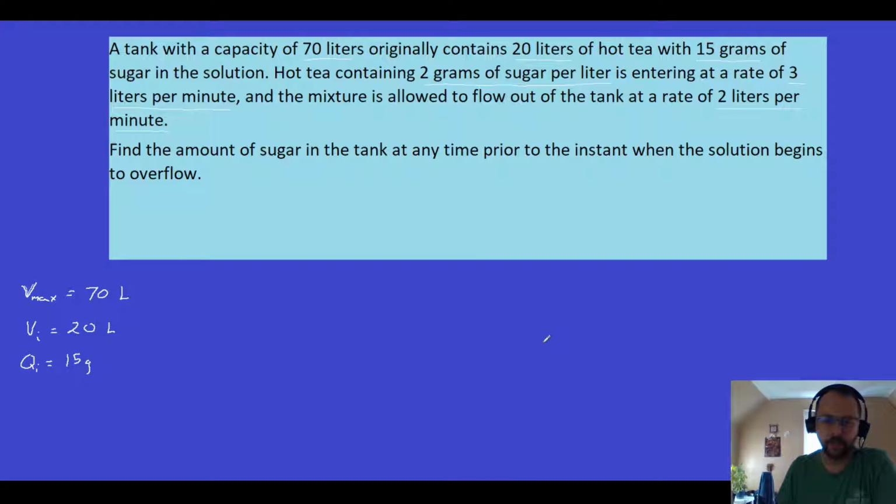For this, I actually prefer to just set up a drawing. So let's set it up right here. Alright, so we have this tank, some flowing in, some flowing out.